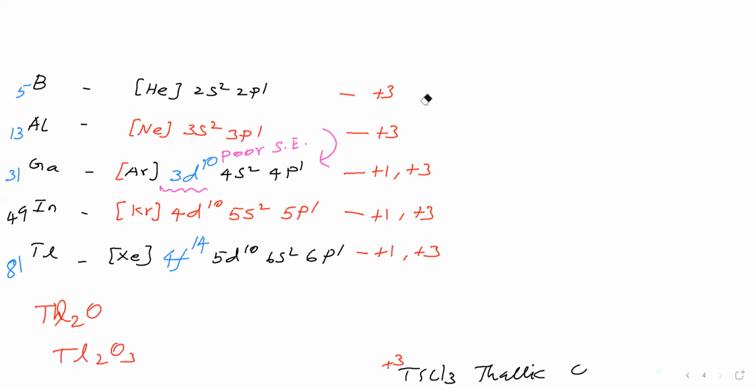Then in thallous chloride, in thallium, +1 stability is more when compared to +3. What is the reason? Why is it so? That we will see.